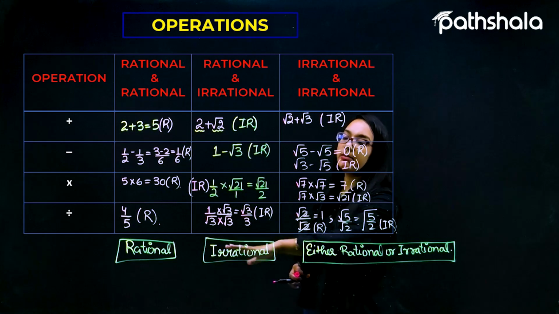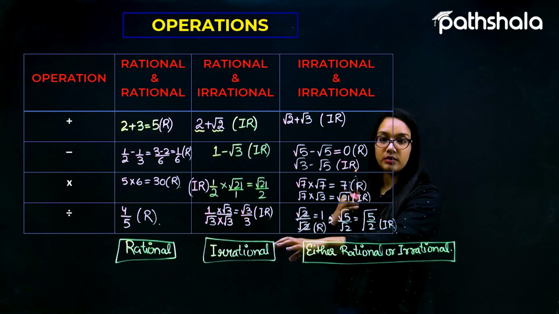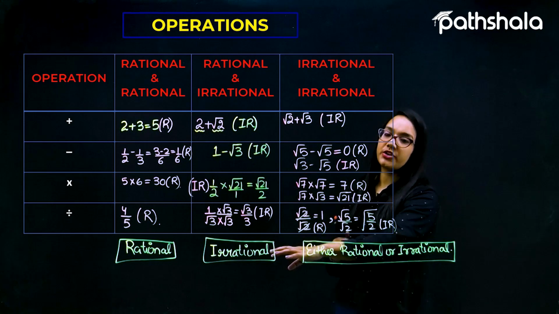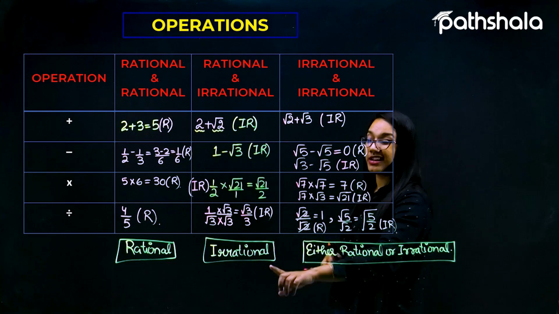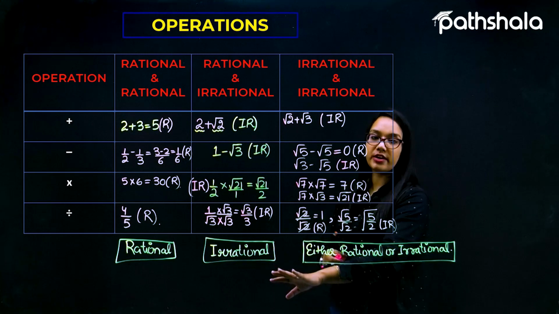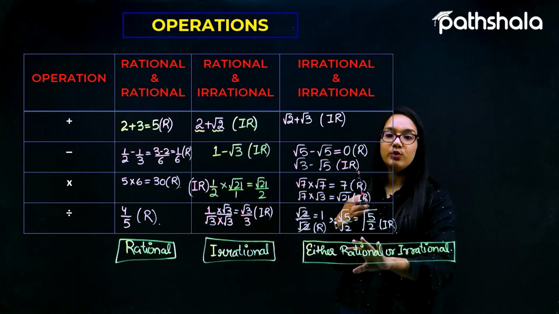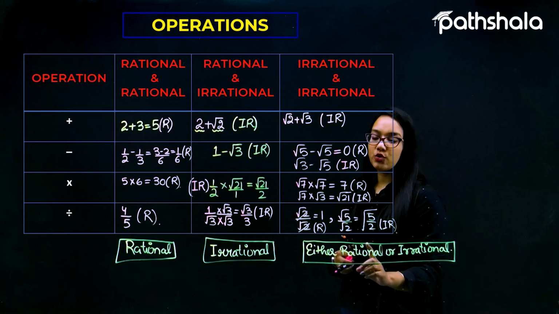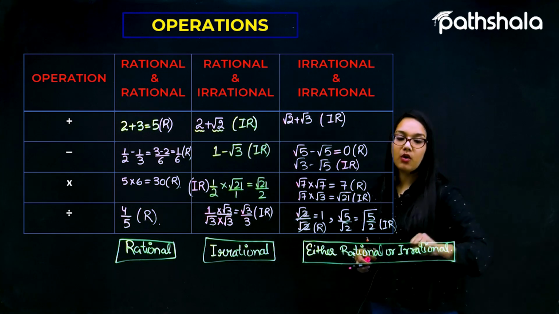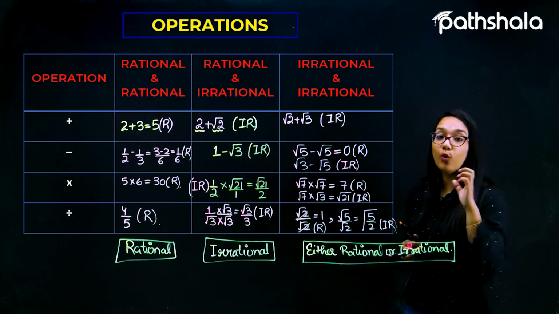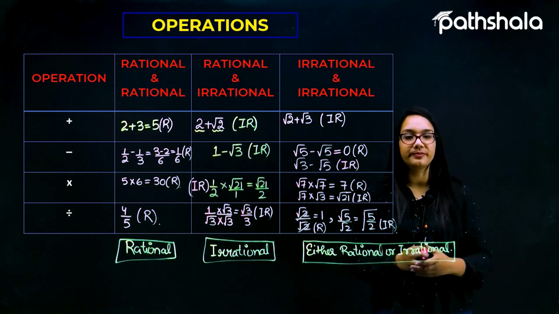If we do these operations on a rational and an irrational number, it will always result in an irrational number. And if we subtract, divide, multiply any two irrational numbers together, it may result in either a rational or irrational number. I hope the whole concept is all clear to you.